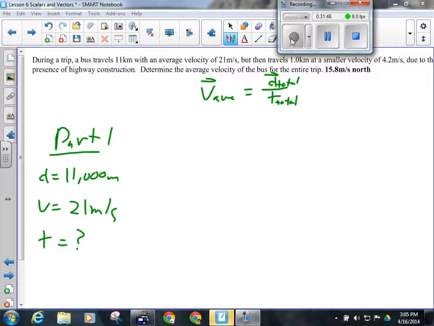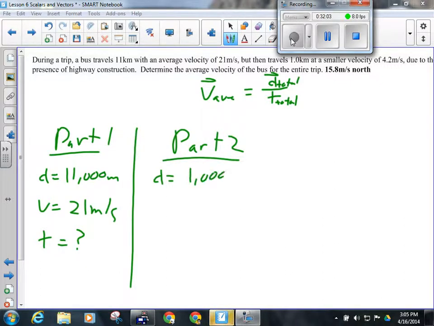Can I do that for both parts? If I know the time for each part, then I know the time for the whole trip by adding them together. Everyone follow? That's essentially the way you do any question like this that has 2 parts. You just split it up into the parts and write down what you know for each part. In part 2, it's 1,000 meters and the speed is 4.2 meters per second. So I can find the time for each one.